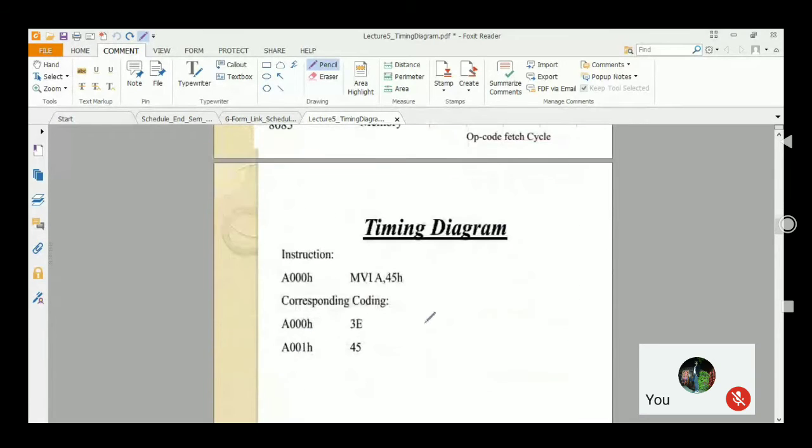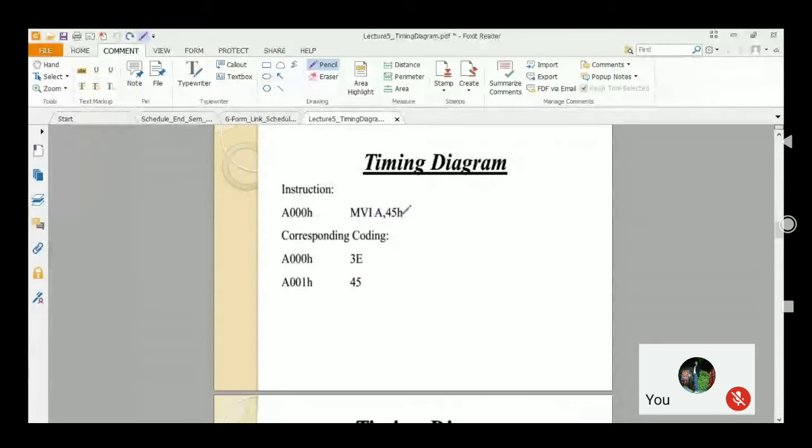So next one, it is the MVI, move immediate this particular hexadecimal number to the accumulator, and where you're going to load this one, in this particular register.